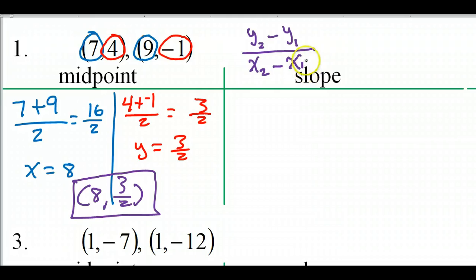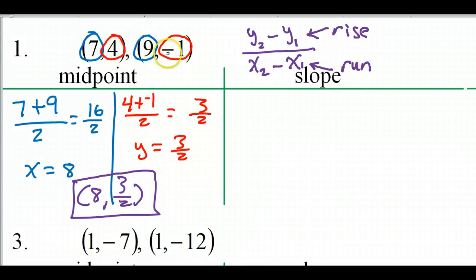But I could do y1 minus y2, but then I'd have to do x1 minus x2. Whatever you do, make sure you put the y's on top and the x's on the bottom. Rise over run, because this is rise, and it makes sense that that would be y values since y values go up and down. X values go left and right, so that will be the run. Anyways, so y minus y over x minus x.